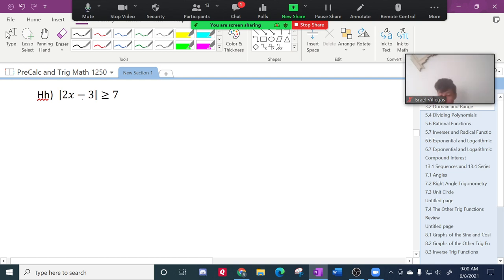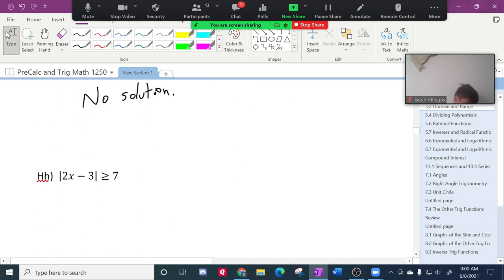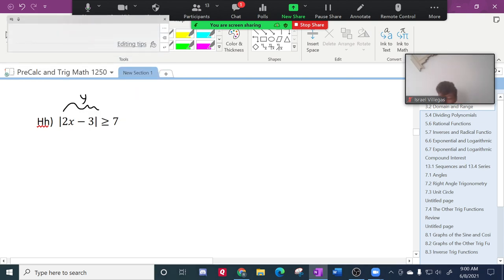Alright, so once again, if this was the letter y, then I would say y is greater than 7, to the right of 7, or to the left of negative 7.